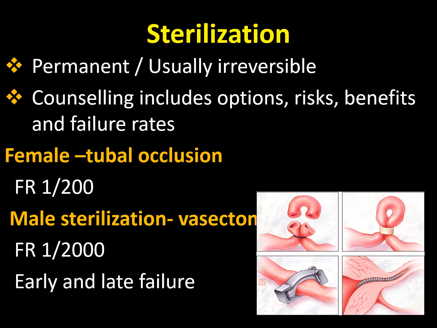For hysteroscopic sterilization, a hysterosalpingogram should be done after 3 months to confirm that both tubes have been occluded.